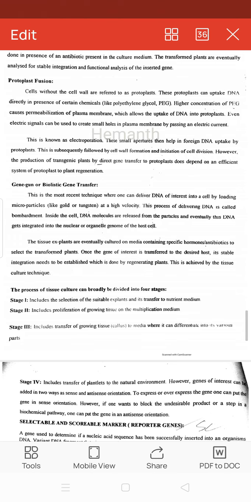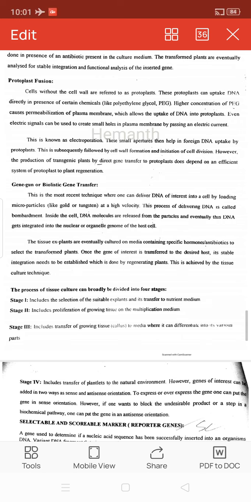Inside the cell, DNA molecules are released from the particles and eventually this DNA gets integrated into the nuclear or organelle genome of the host cell, and the tissue explants are eventually cultured on media containing specific hormones or antibiotics to select the transformed plants.